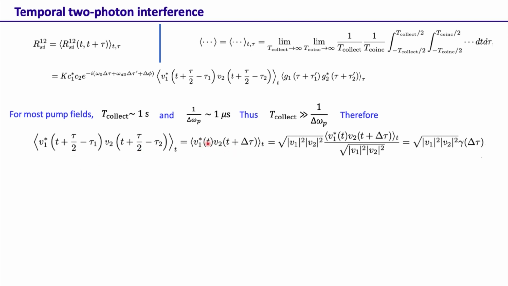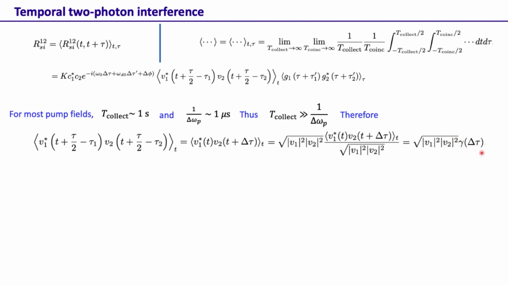So this is V1 star t times V2 of this quantity minus that quantity, which is essentially t plus delta tau, which is delta tau. So that's time averaged over t. This we can just rewrite. This remains here, we multiply numerator and denominator by this quantity, and as we had done before, this stays here, and this quantity we just define as the degree of coherence.